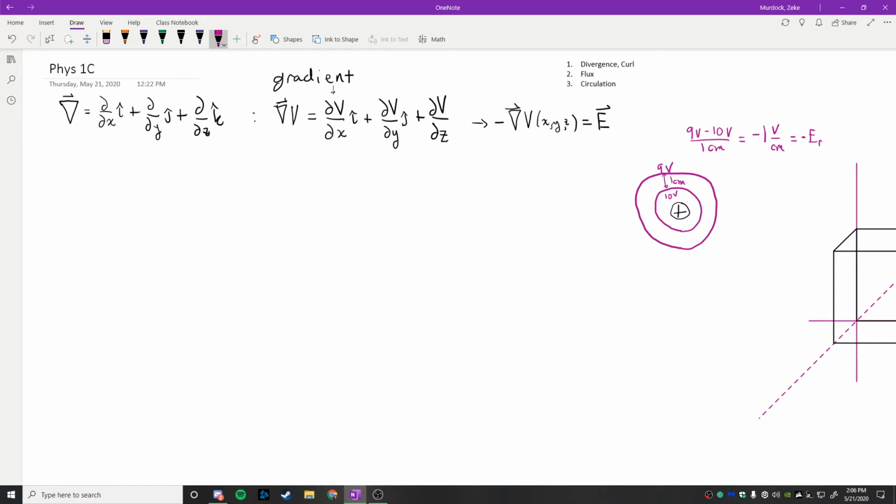So the electric field would be equal to 1 volt per centimeter. This is actually the only lab we did in this class. You did a calculation like this, right? And whether you knew it or not, you were performing this gradient operation. You remember that in the one lab we did, you found some lines that had constant voltage, and you measured the distance. Okay. So that's effectively what the gradient is.